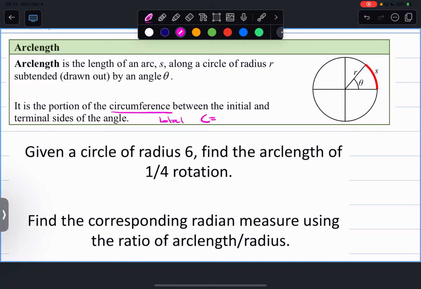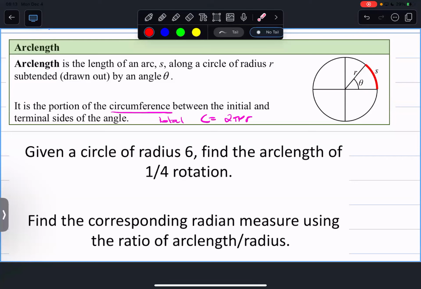The total circumference is 2 pi r, where r is the radius. So now we want to find a portion of that 2 pi r, depending on what r is and what theta is.